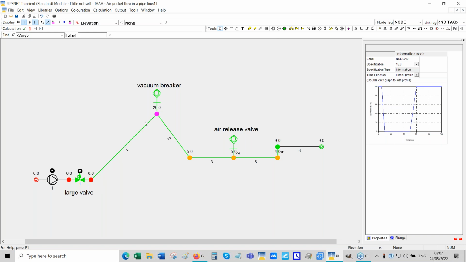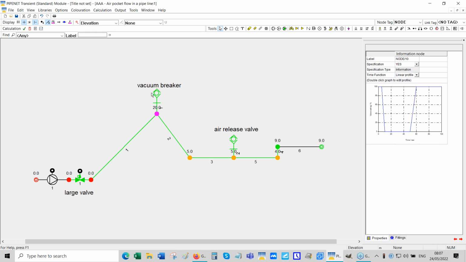And of course, initially, the pipes are all wet, or you can call it flooded. But when the valve closes, because of the momentum of the liquid and also the static head, you can expect air to come in through this vacuum breaker.